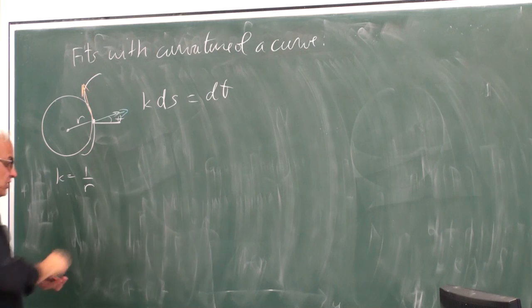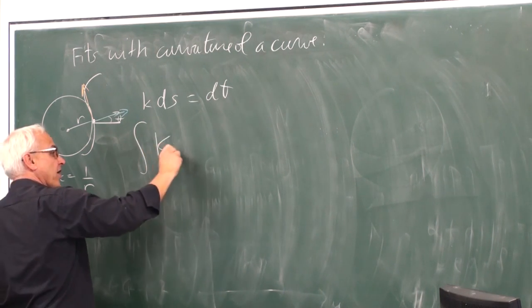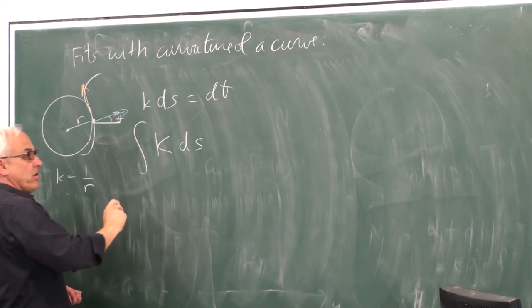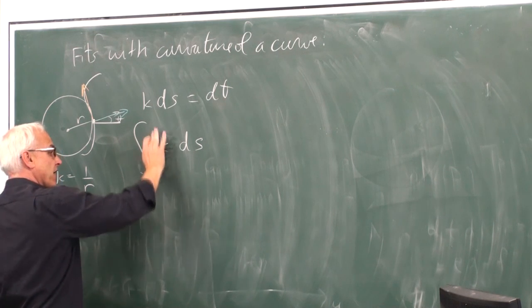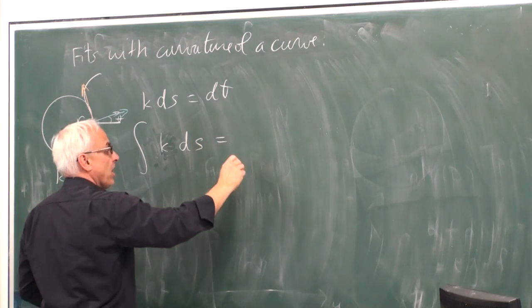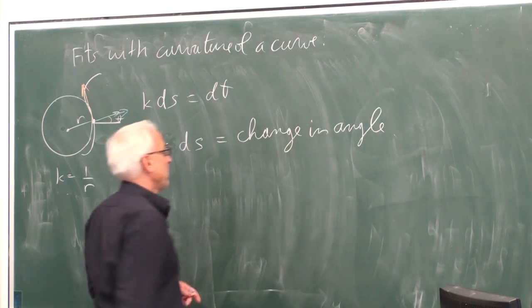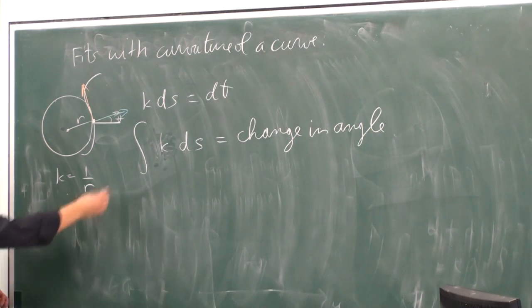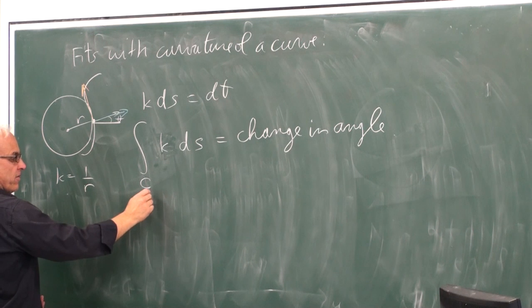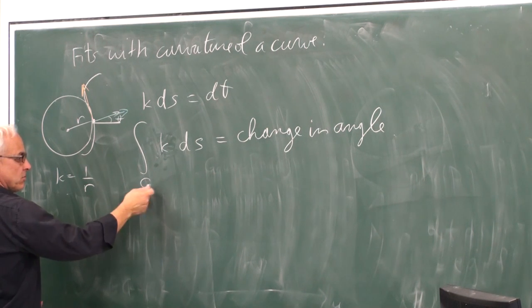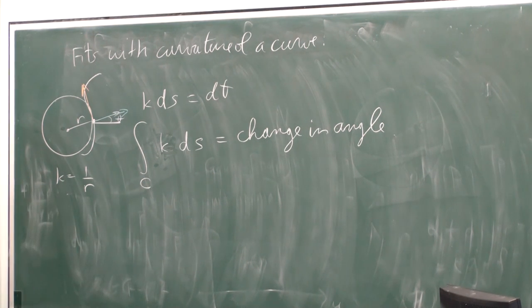So remember that in such a situation, if we integrated the curvature ds, then we got the change in angle, if we're integrating around some section of the curve, or along some finite curve.